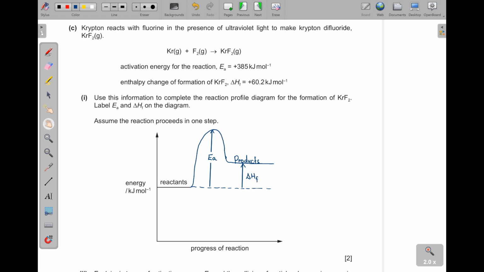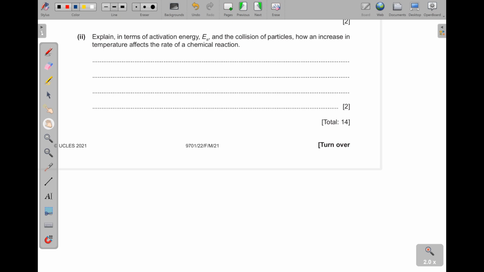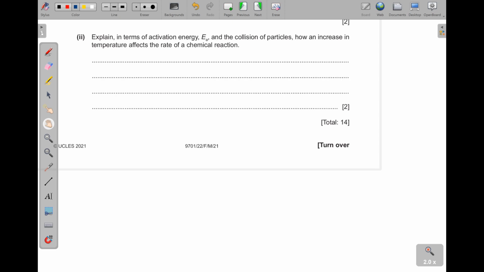Nothing else we need. Roman 2, explain in terms of activation energy, EA, and the collision of particles how an increase in temperature affects the rate of a chemical reaction. First of all, the reaction rate increases.